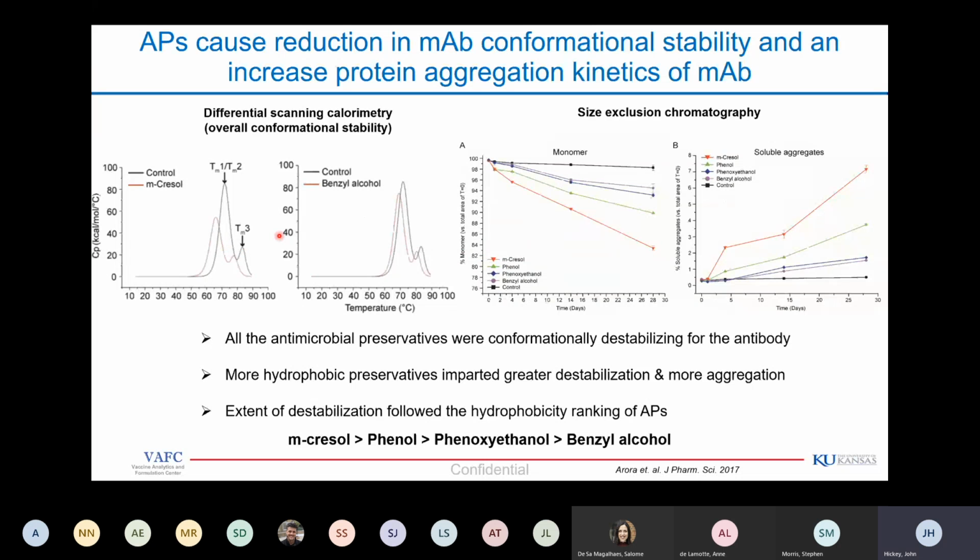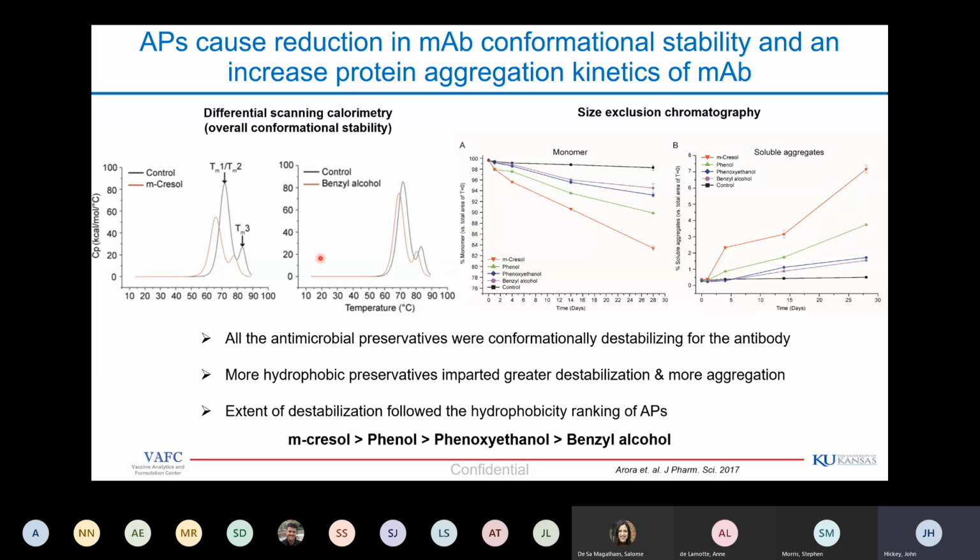I just have representative thermograms on the left. What was interesting was for all 4 preservatives, we saw destabilization, but this destabilization followed the hydrophobicity of the preservatives. So methylcresol was the most destabilizing, and benzyl alcohol was the least destabilizing.